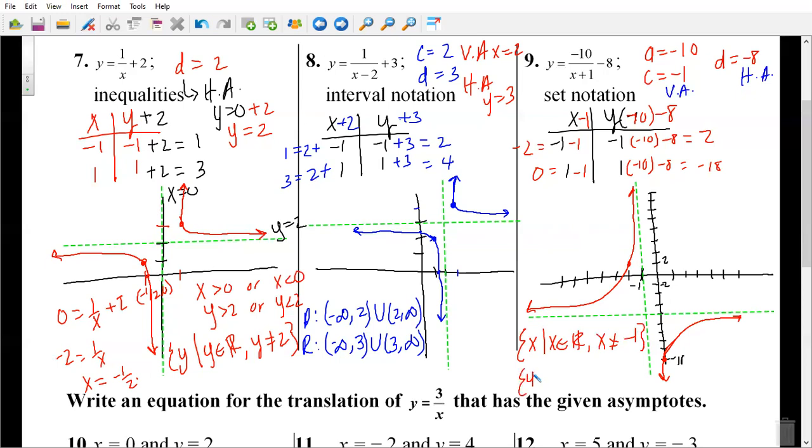And then my y such that y is all real numbers, but y cannot equal -8. Questions? Do you see how they all three came together?